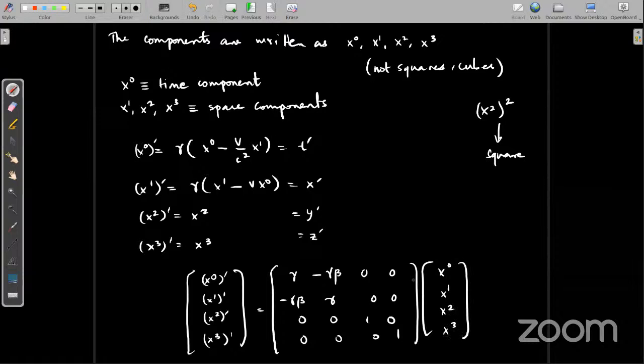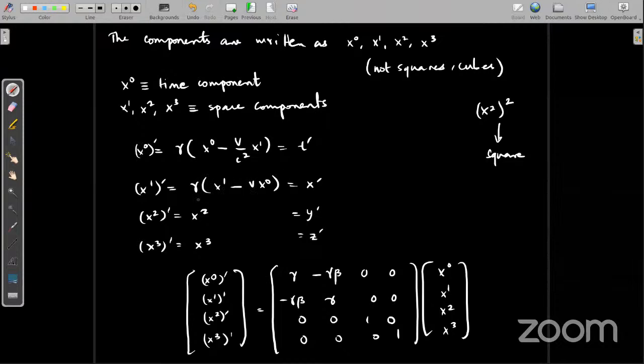Now I realize that this is a very huge jump from everything we've been doing so far, and it's totally fine if you're lost. I was lost when I read it the first time. All that we've done here is take all these components: we have gamma here, and gamma times v over c squared, and in the second equation we have gamma and minus gamma v, and so on.